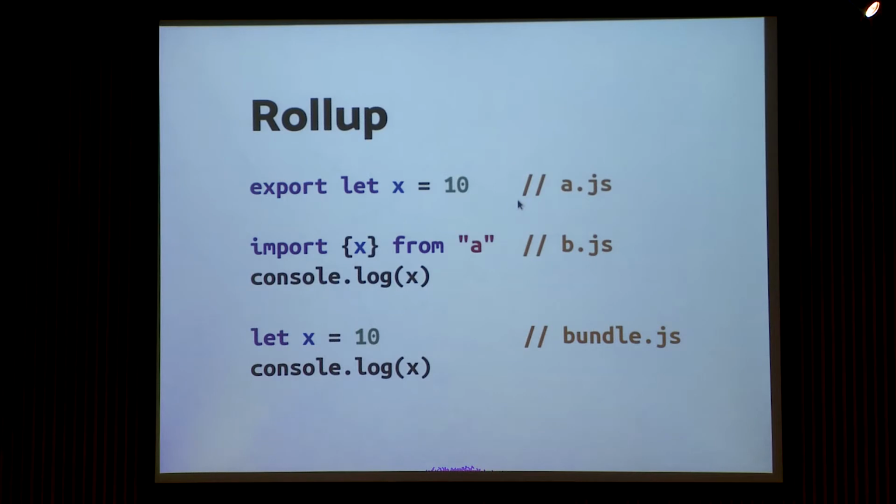The plan for Node is to do something where, because as I said, these are parsed differently, old school scripts and ES modules, is to require ES modules to be called .mjs instead of .js. Module.js. JSM was already used for something else, as I understand it. And that way, you can still use them interchangeably. If you require something which happens to be a module, it'll be treated as a module.